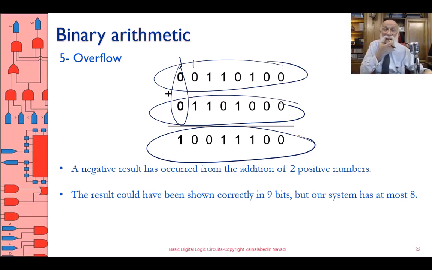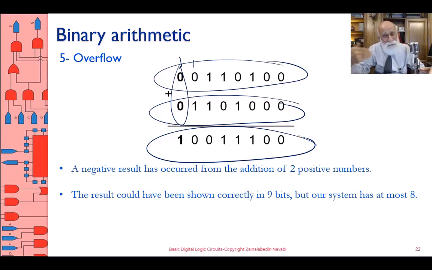It is telling me that the 8 bits that I gave my numbers is not enough for representing the sum of these two numbers, and I refer to this as overflow. I have an overflow situation.